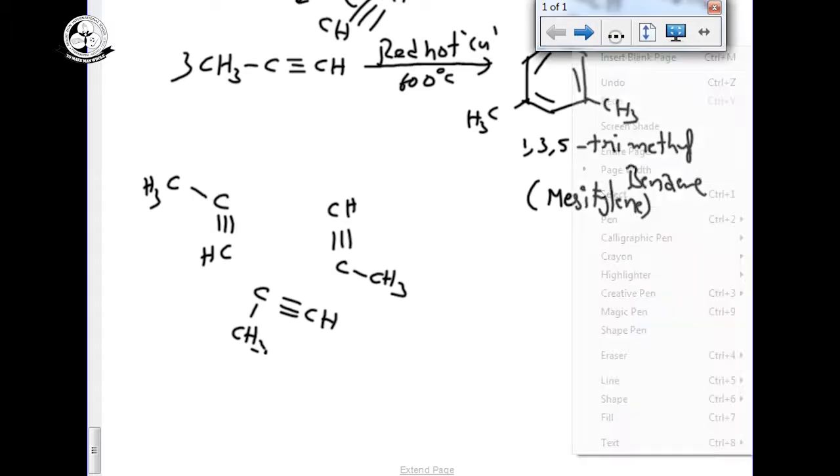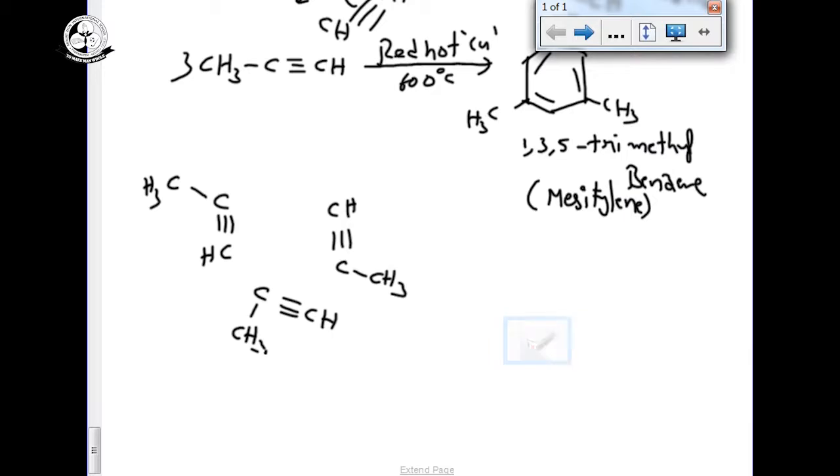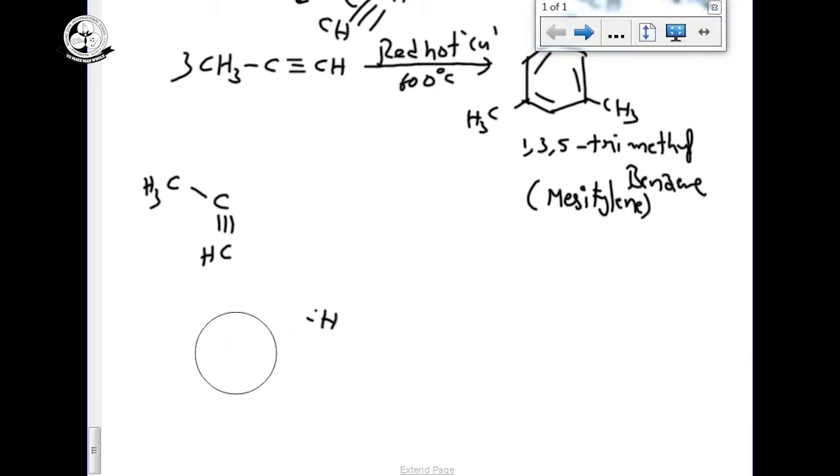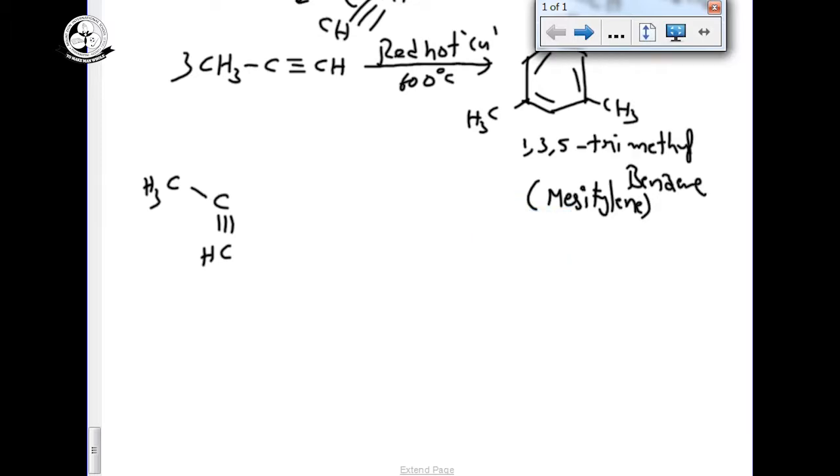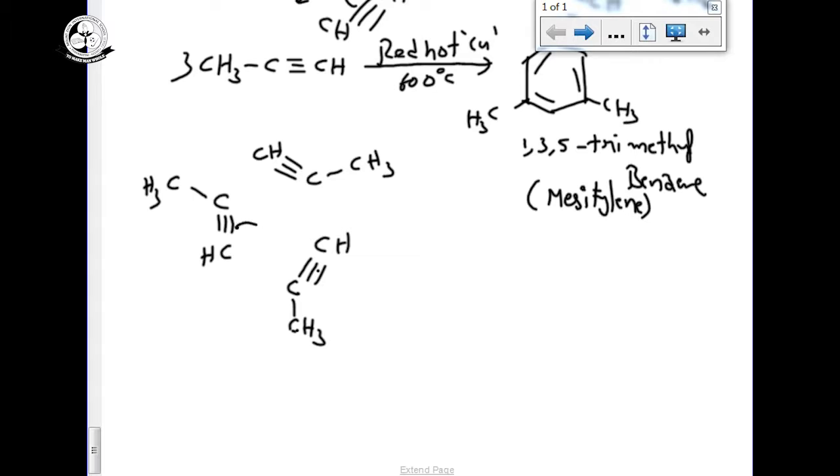Sorry, write carefully and observe the cyclic polymerization of this one. Here I am writing CH3 C triple bond CH. Here I am writing CH3 C triple bond CH. Same cyclic polymerization, this triple bond is broken, so there is a new bond. Here same like that, here same like that.